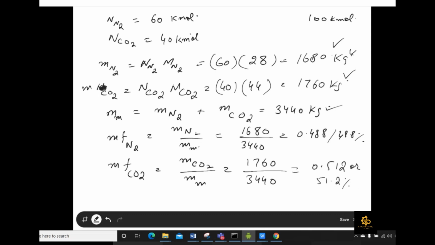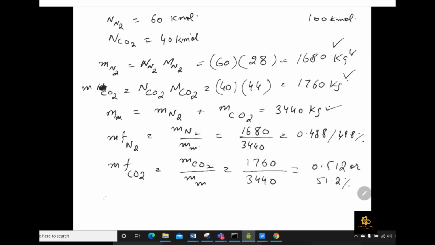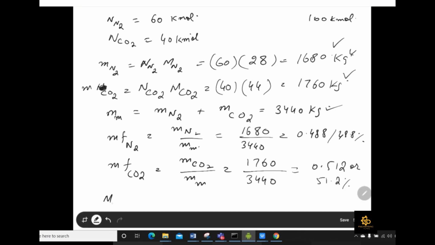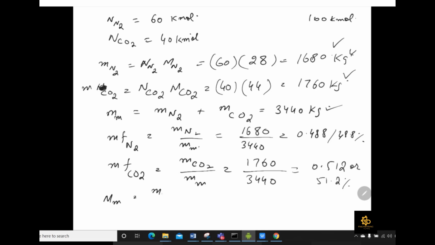Okay, so another thing which is required in this question is you have to determine the molar mass and the gas constant also, the molar mass of the mixture and the gas constant of the mixture. For the molar mass of the mixture, you need the mass of the mixture, which we already have, and the number of moles of the mixture.